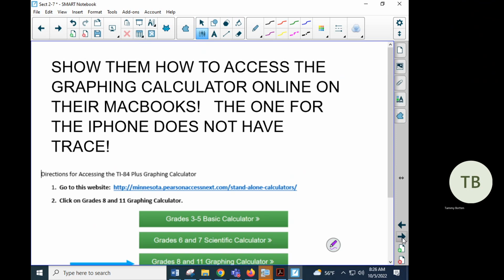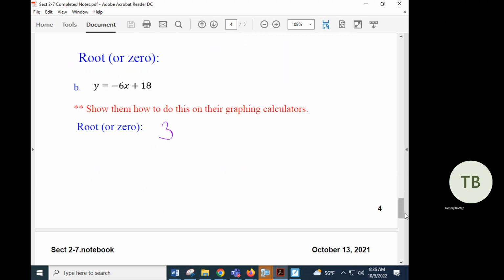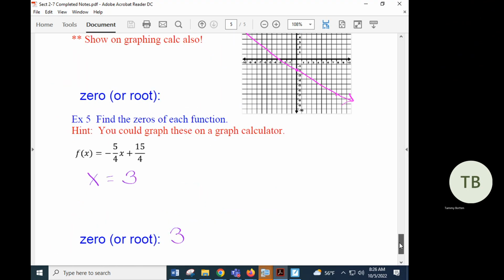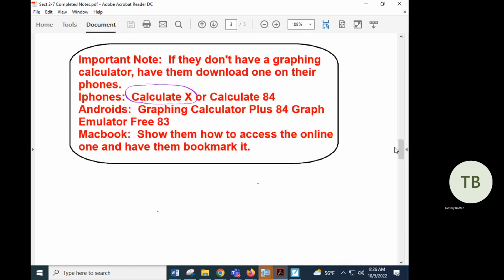Okay, now, let's have you take out your phones, and I'm gonna actually have you guys get this on your phone and your MacBook. In class, you can only use it on your MacBook, but it might be nice to have a graphing calculator on your phone for at home.